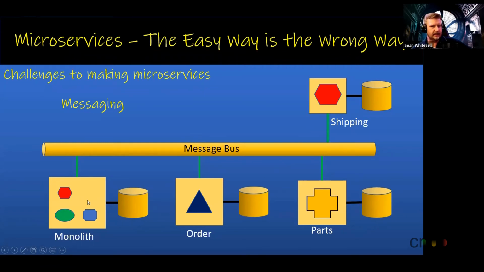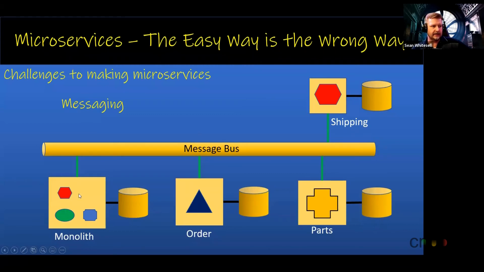So let me touch on that right quick. A monolith will send a command, says we have a new part. The monolith will send a command saying we need a new order. The order microservice sends an event, not a command. It sends an event that says, hey, I created an order.